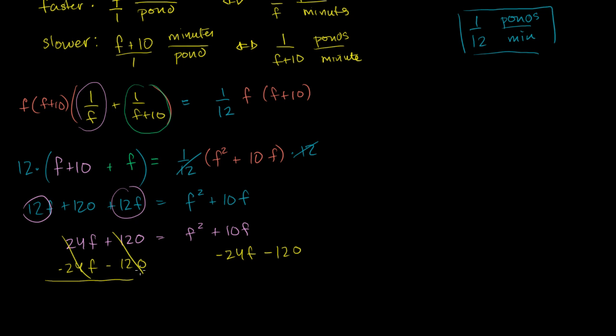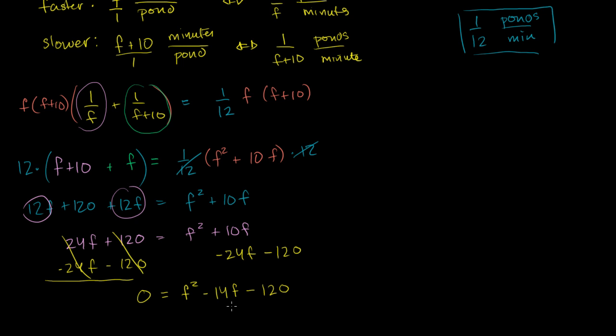Left-hand side just becomes 0. That was the whole point. Right-hand side is f squared. 10 minus 24f is negative 14f minus 120. Now, we could factor this. Let's see, if you do 20 times 6, yeah, that looks like it would work.